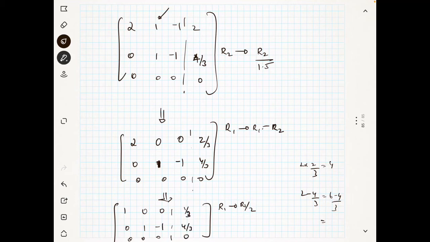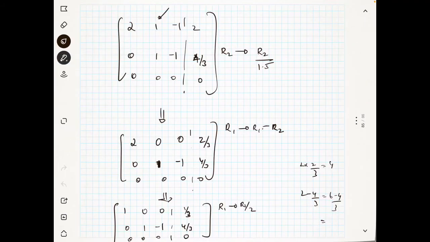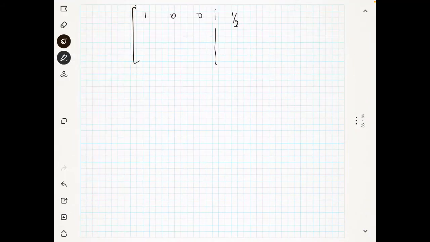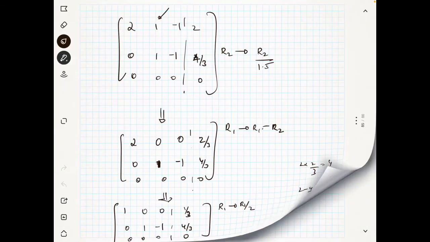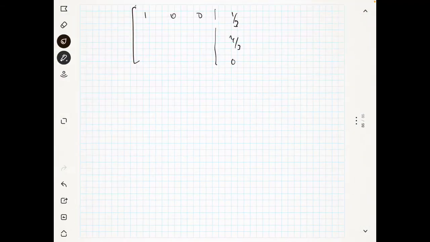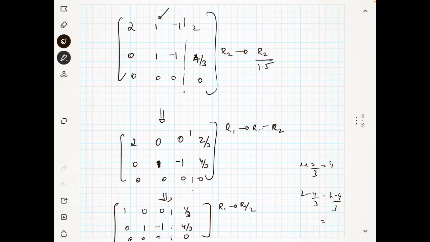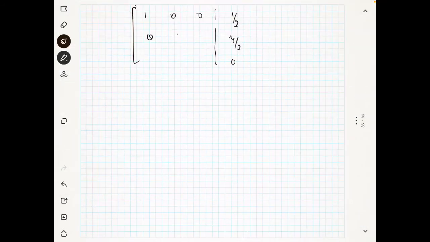Now you see that I will rewrite this matrix. 1, 0, 0, and 1 by 3, and 4 by 3, and 0. This becomes 0, 1, minus 1, 4 by 3, and this is 0, 0, 0, 0.